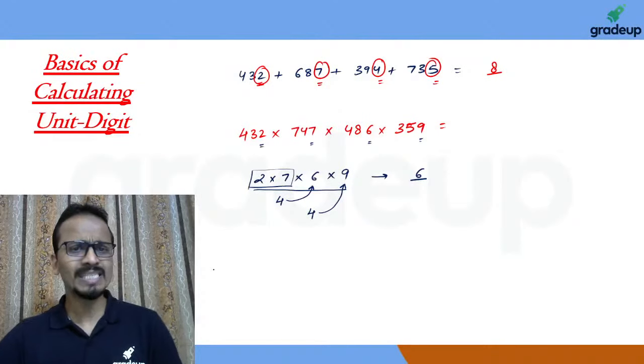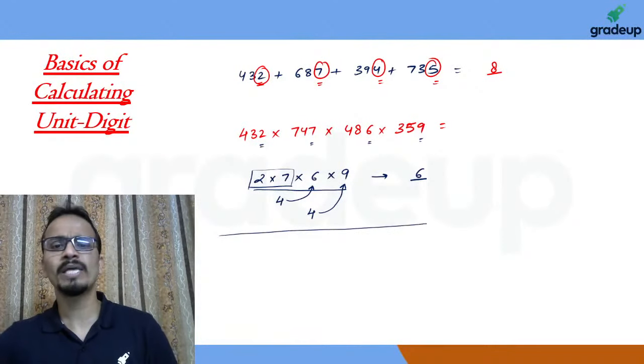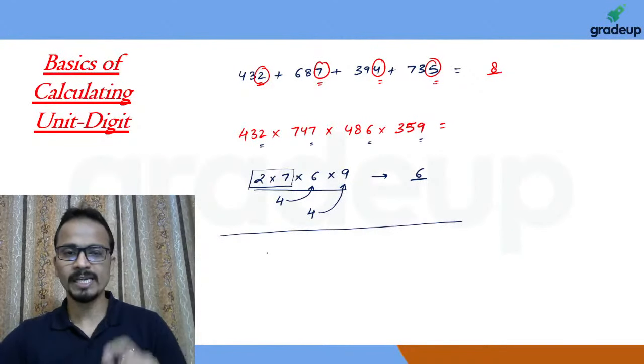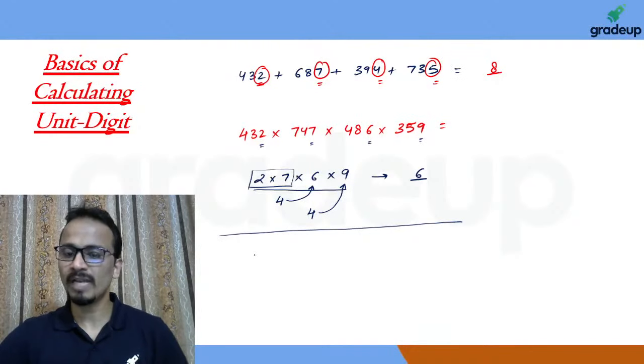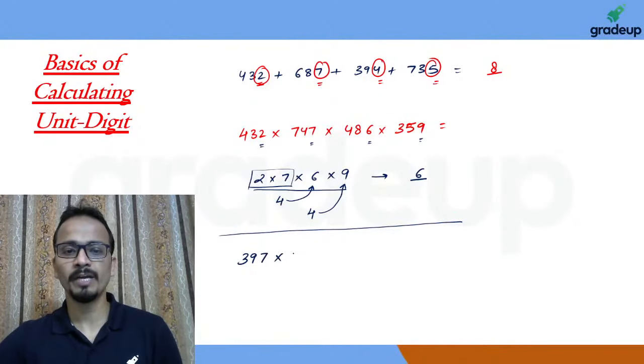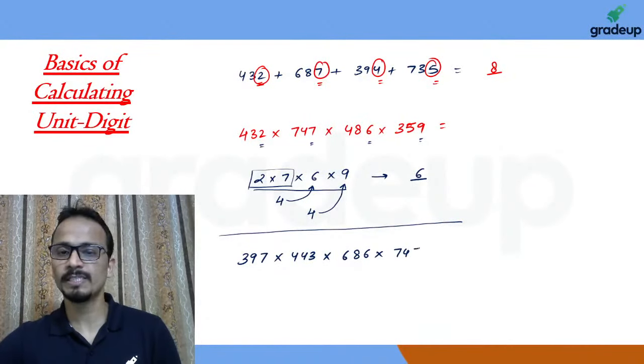Let me take it once again with one more example. Let's say in the given multiplication, you have to find the unit digit. The multiplication is 397 multiplied by 443 multiplied by 686 multiplied by 747.